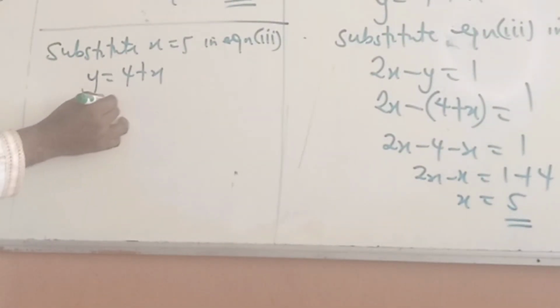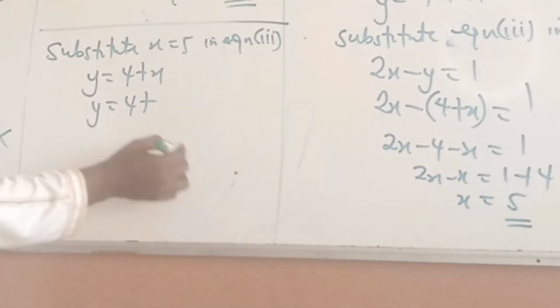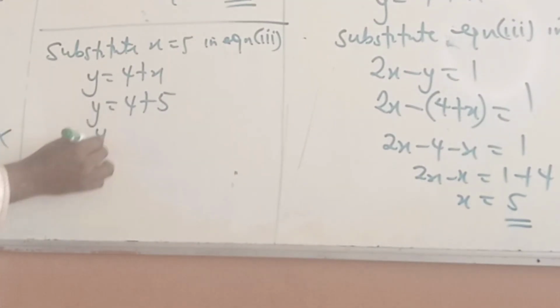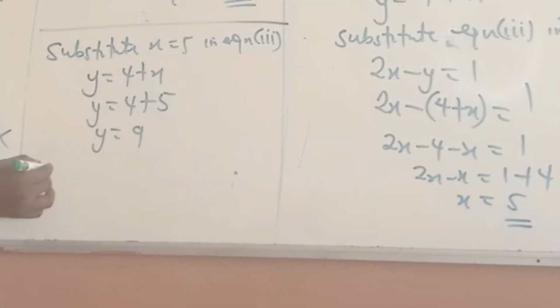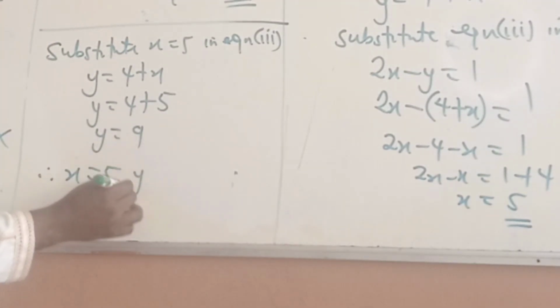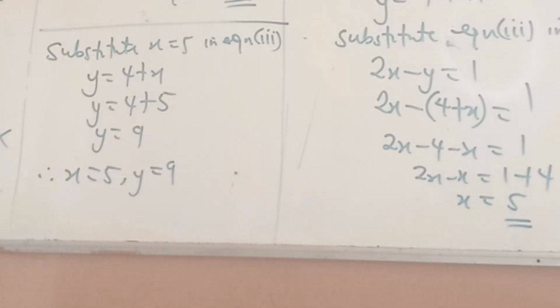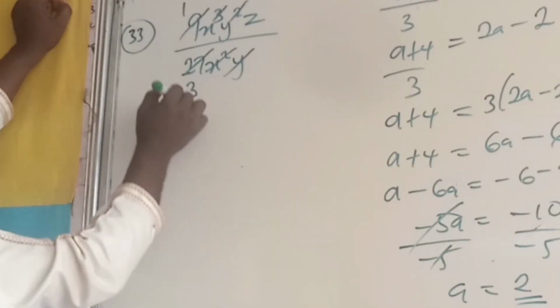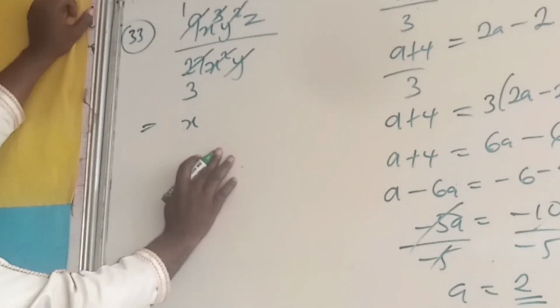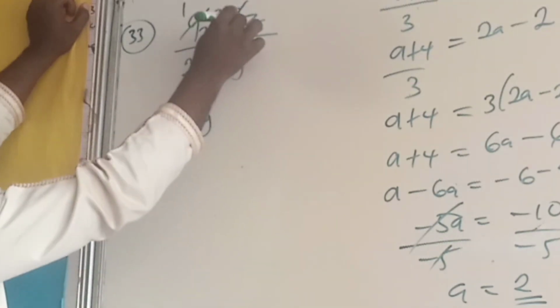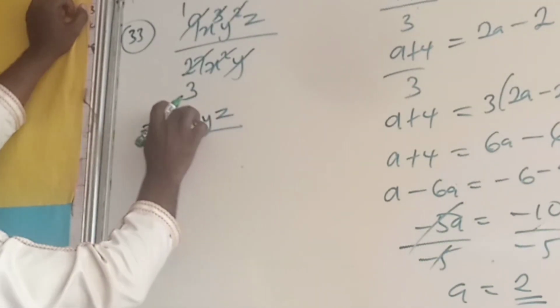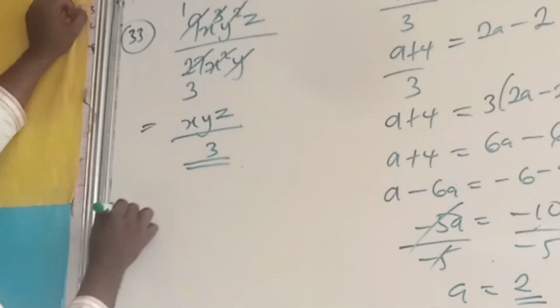X. So y equals 4 plus the value of x, which is what? 5. Therefore, y equals what? 9. So we can say therefore that x is what? 5 and y is what? 9. That's the answer.